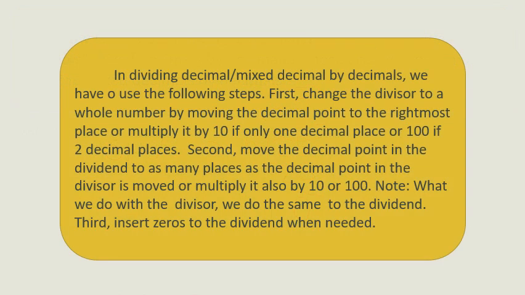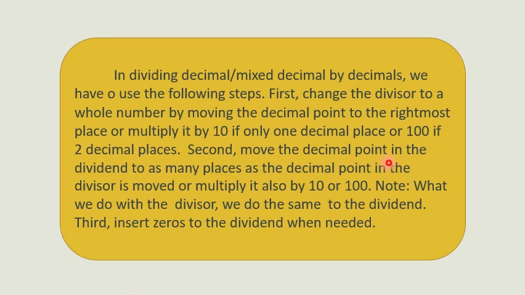So, in dividing decimal or mixed decimal by decimals, we have to use the following steps. Una natin gagawin is i-change natin divisor sa whole number by adjusting or by moving the decimal point to the rightmost, pinakakanan, sa pinakadulo. Pangalawa, move naman natin yung decimal point sa dividend depende kung ilang beses natin minove yung nasa divisor.